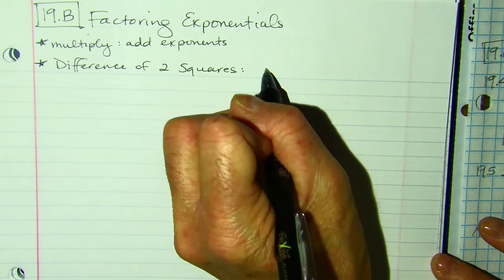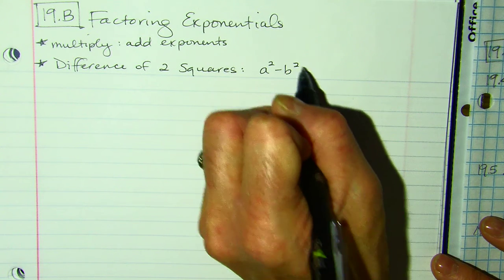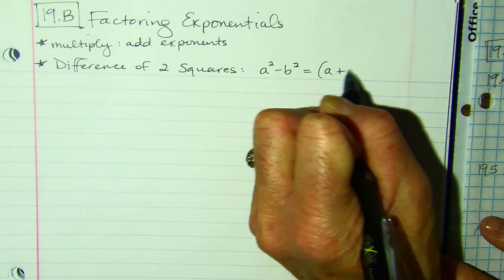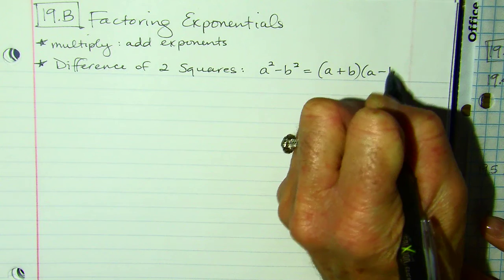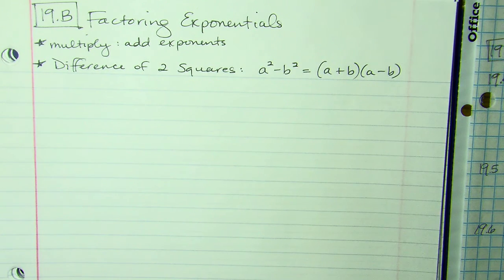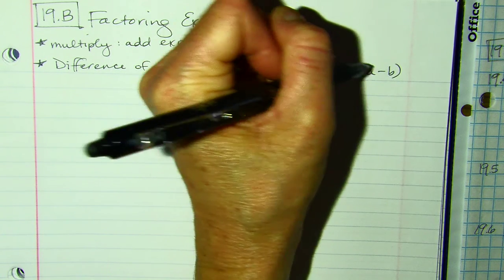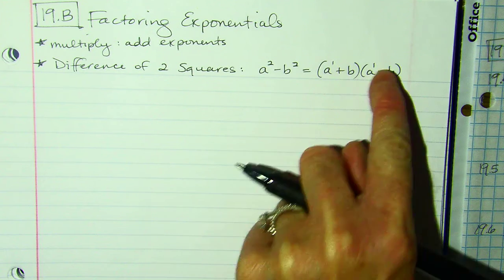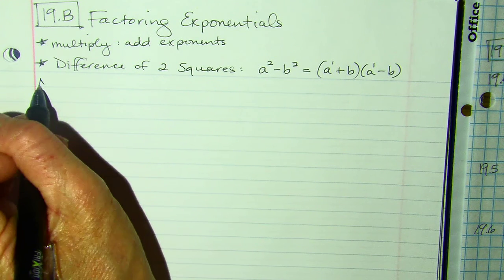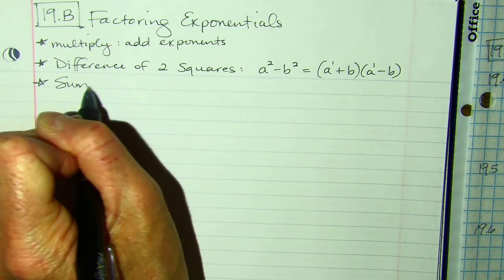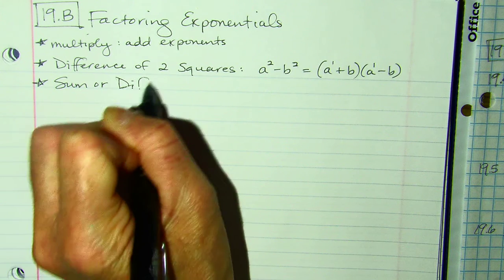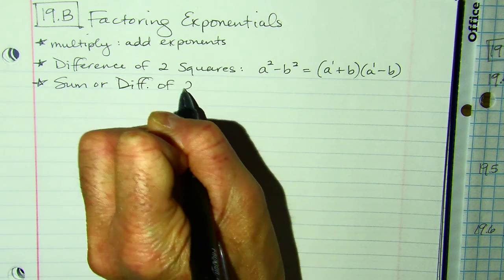All of this is review, so a squared minus b squared would equal a plus b and a minus b, where you would cut the exponent in half, so half of 2 is 1 and 1. And you're also going to need to know the sum or difference of 2 cubes.